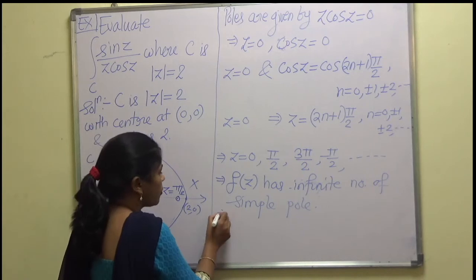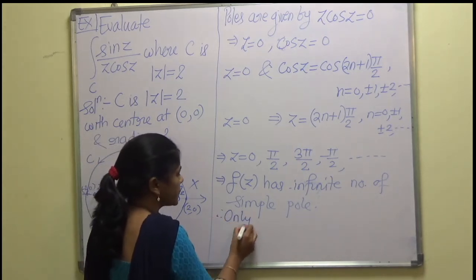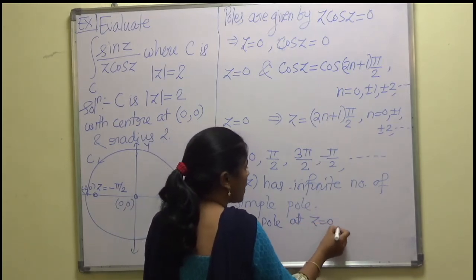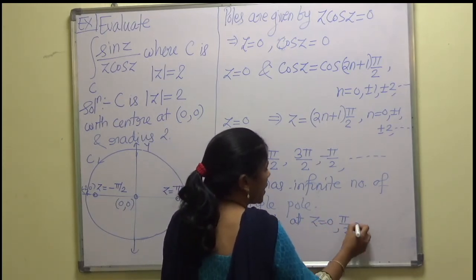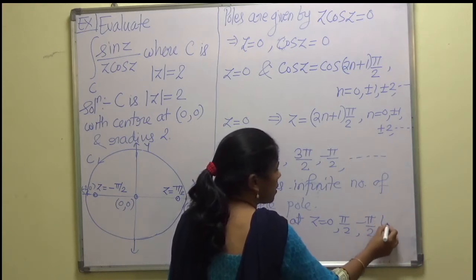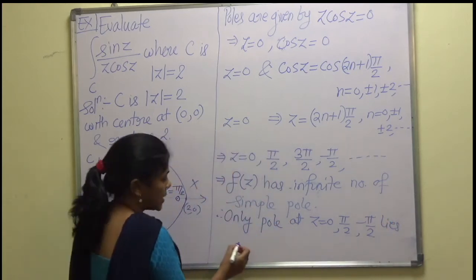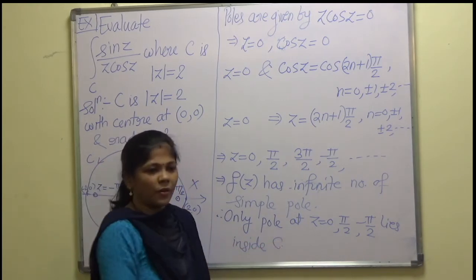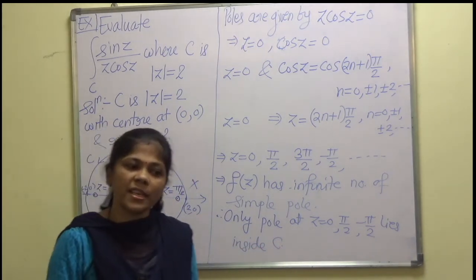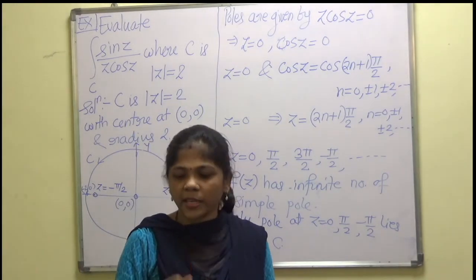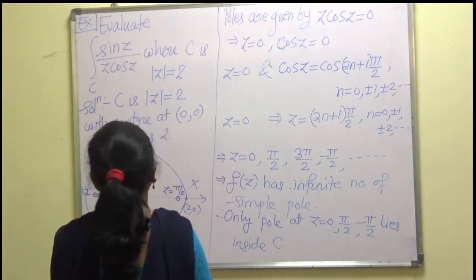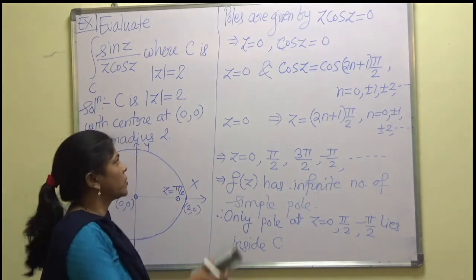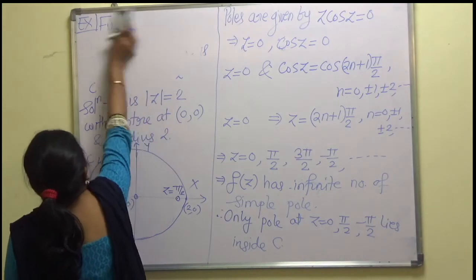So only the poles at z equal to 0, pi by 2 and minus pi by 2 lie inside C. We need to find the residue at these poles only, and all these are simple poles. I hope this much is clear to you all. Let us move to the next part.